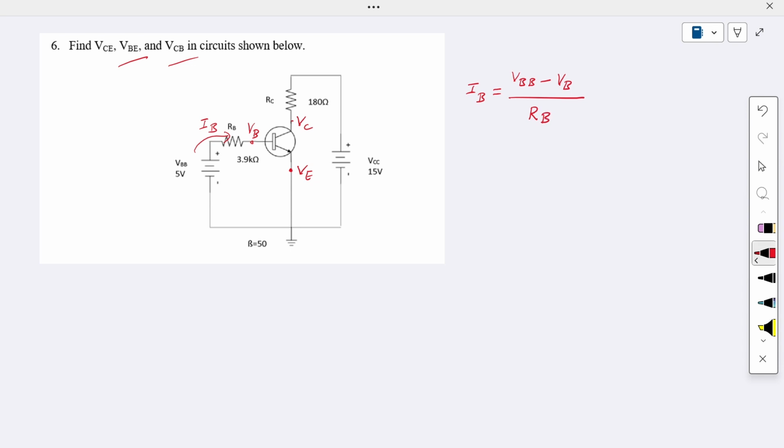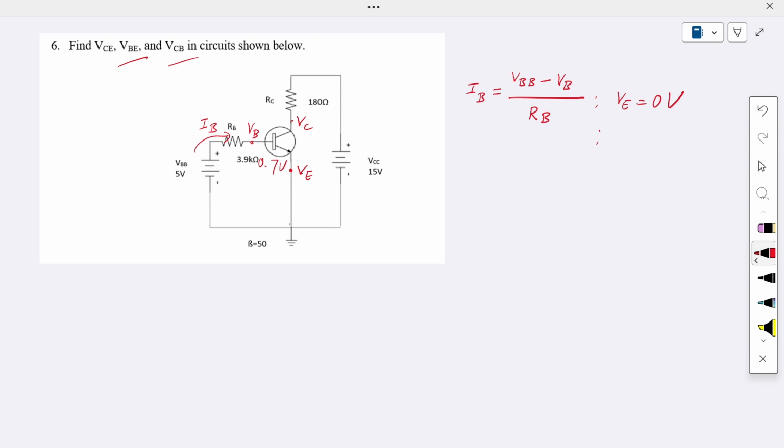What is the VB? Remember, if the transistor is active, VBE is 0.7 volt. The emitter is directly connected to ground, so VE is 0 volt.